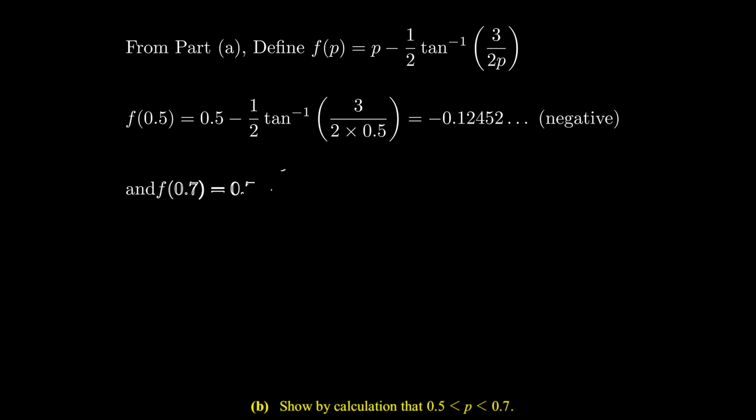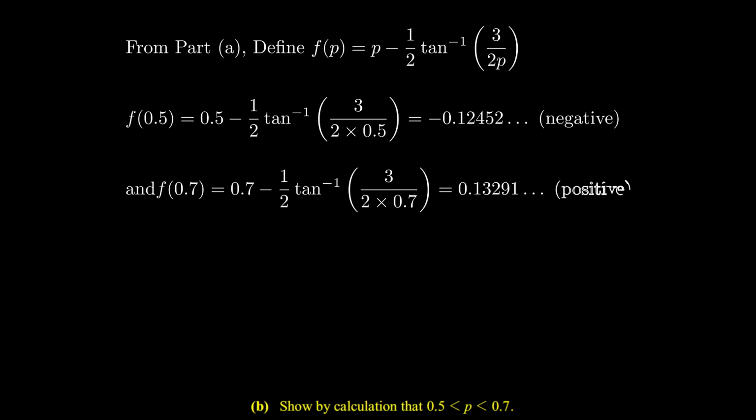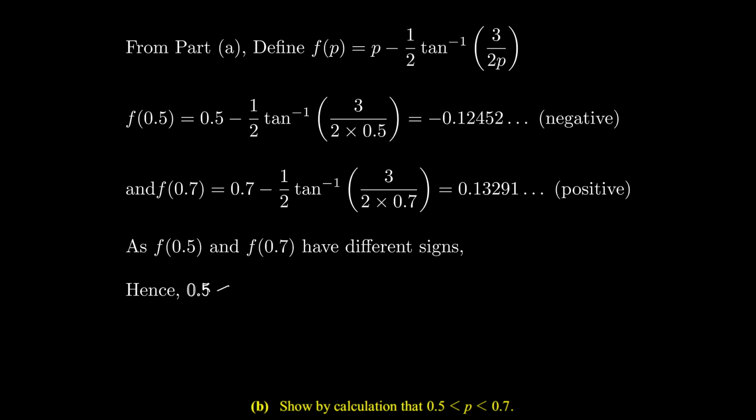So f of 0.7 is going to be 0.7 minus the same value. We'll get it from the calculator, which is positive, and they have different signs. So we can say that the root p lies between 0.5 and 0.7. I hope it is clear.